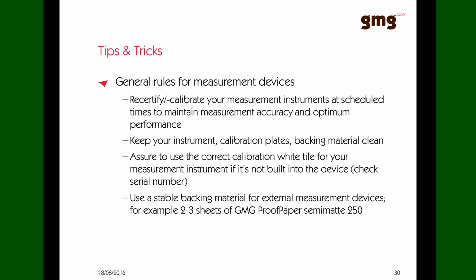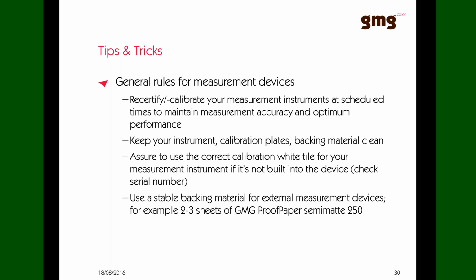For example, if you have two measurement devices, for example, two i1 Pros, then you shouldn't switch the white tiles, because your measurement device is really calibrated to a specific white tile. So this should be kept in mind, not to switch them. Usually they have a serial number on the backhand side, and the serial number is also on your measurement device, so you know that you have the correct white tile for your measuring device.